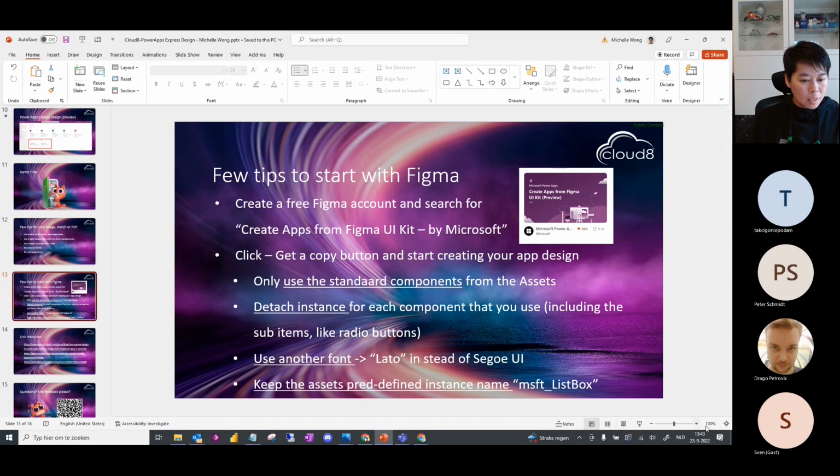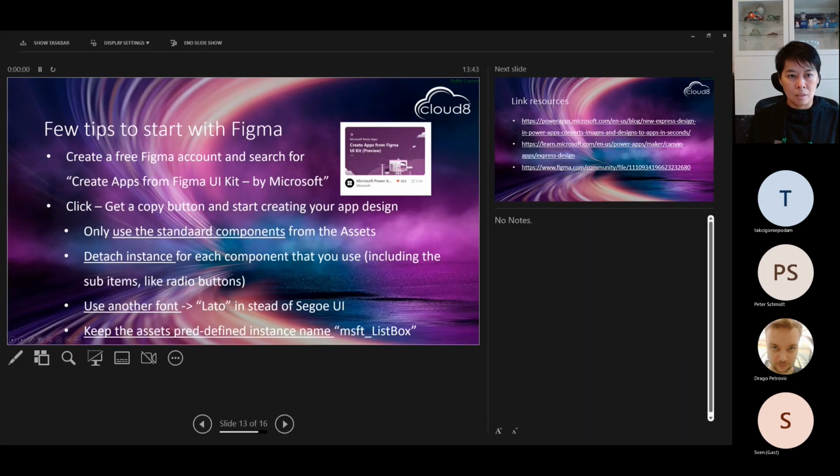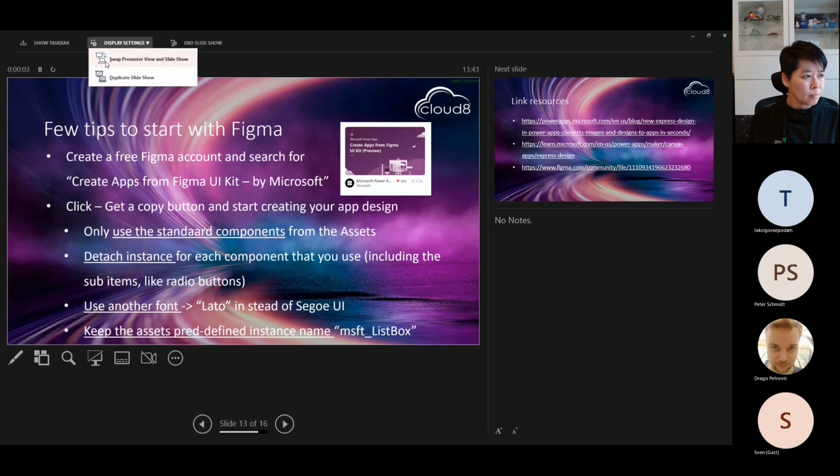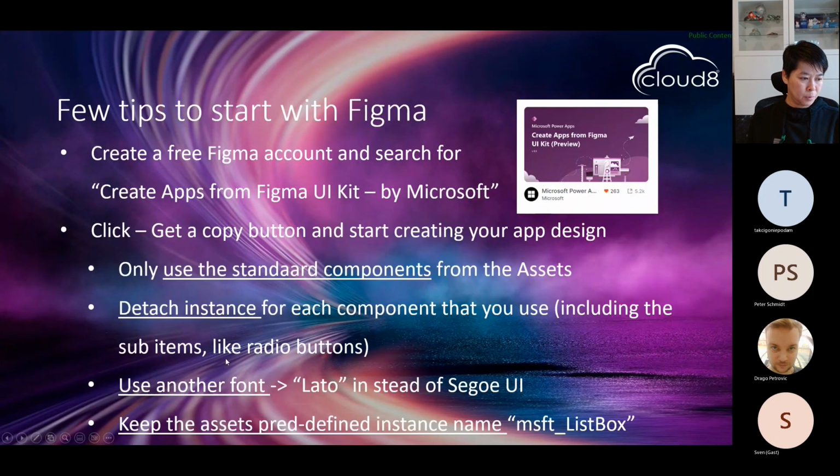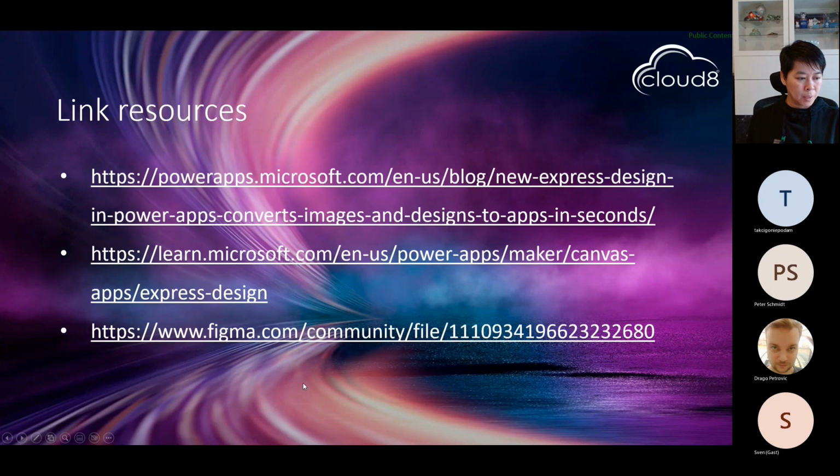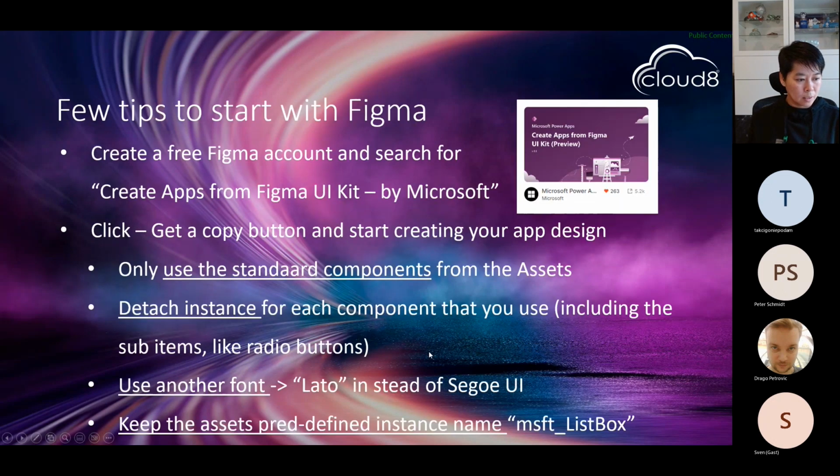That's what I mean. And also the font Segoe UI, Figma doesn't have this font type. It doesn't support it, so you can better use another one like Lato, and then it will be imported. Also, the font size will be a little bit different.